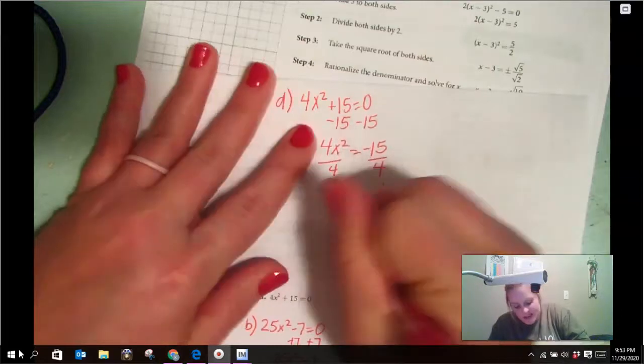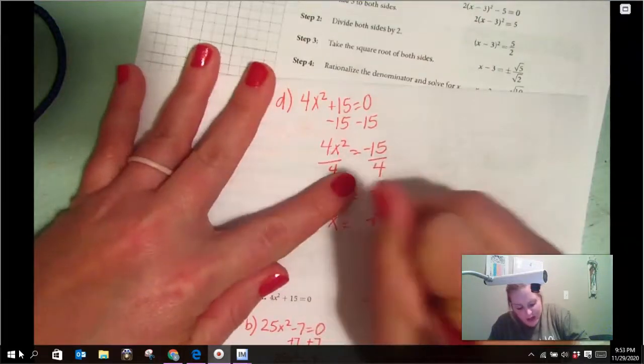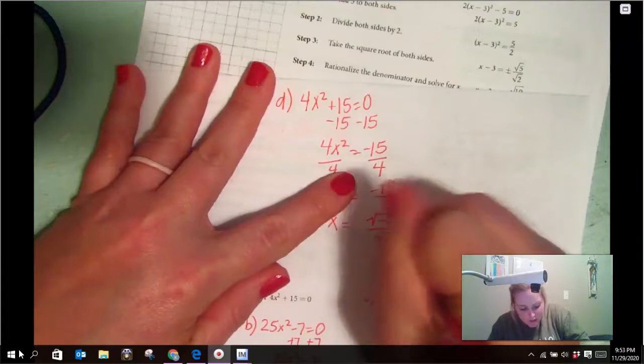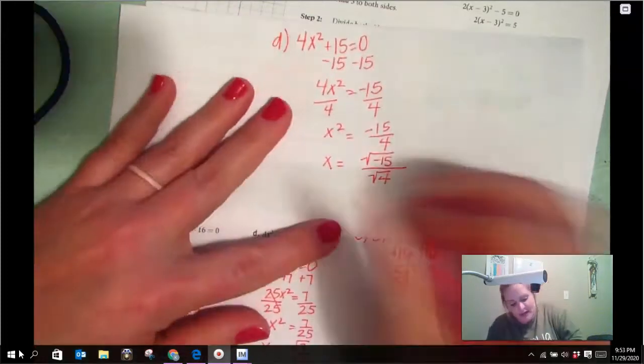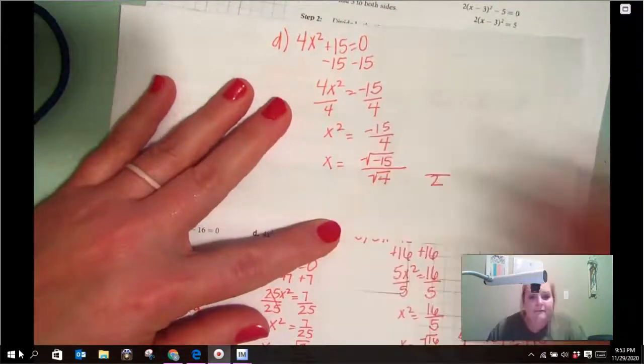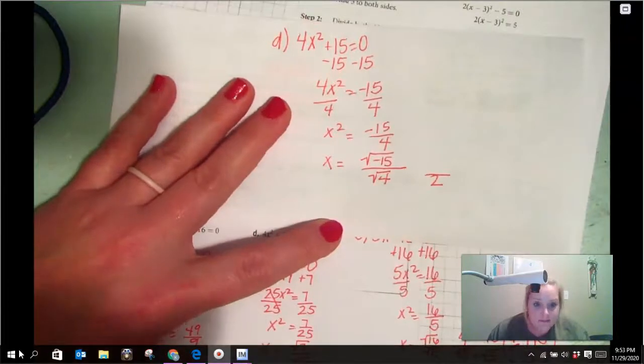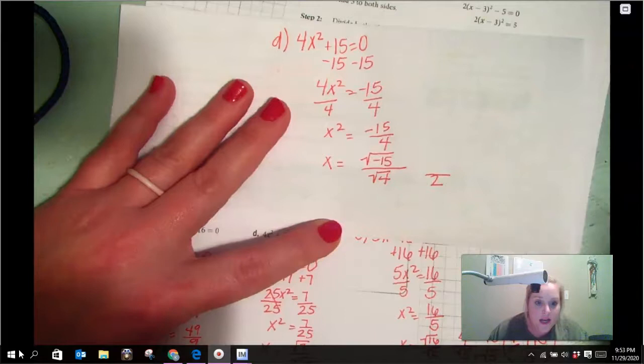I'm going to take the square root of both negative 15 and 4. Okay? 4 is perfect, so that's going to be 2. 15 is not. The factors of 15 are 1, 3, 5, and 15. None of those are perfect. But it has a negative under the radical.